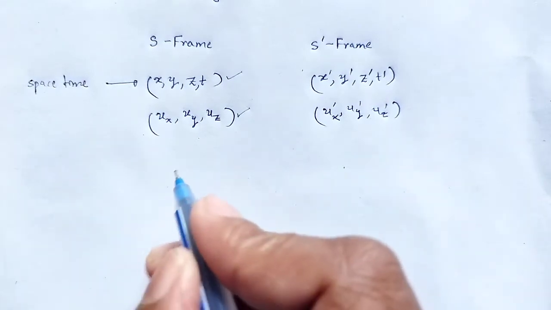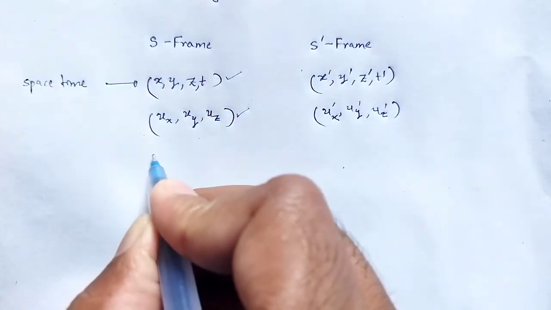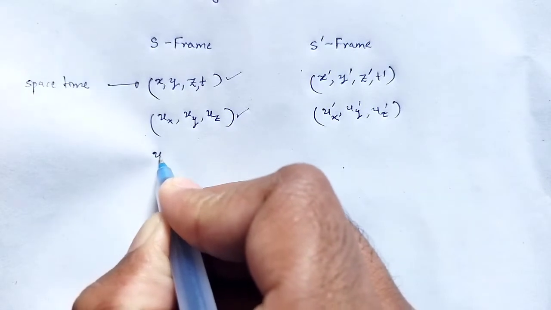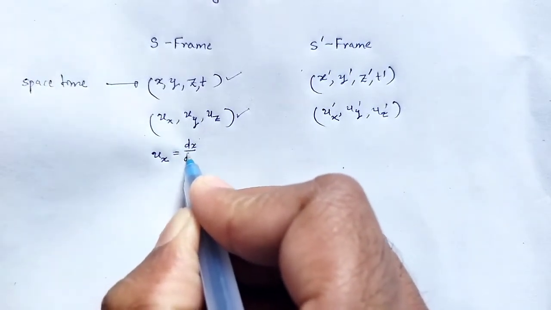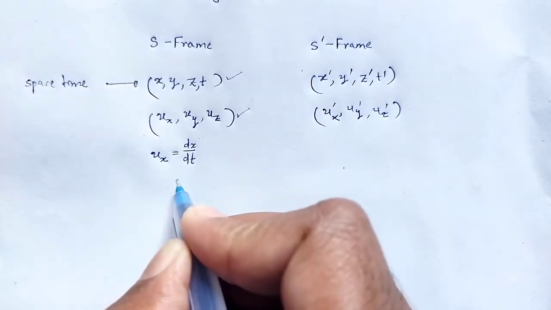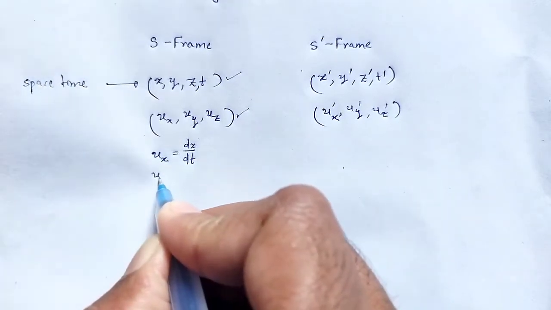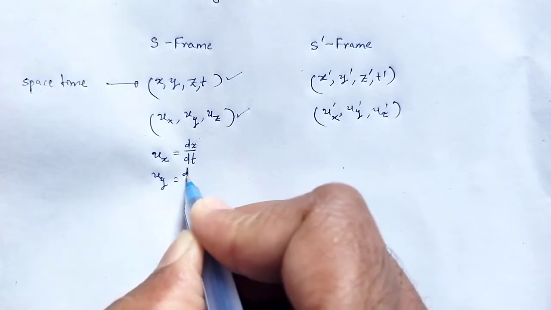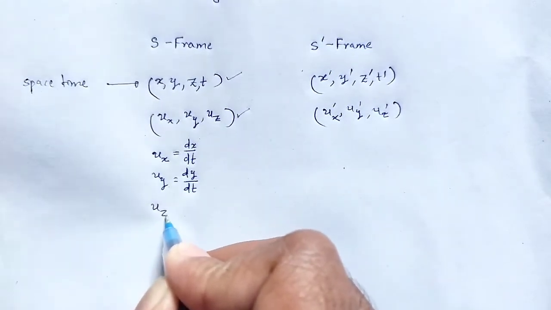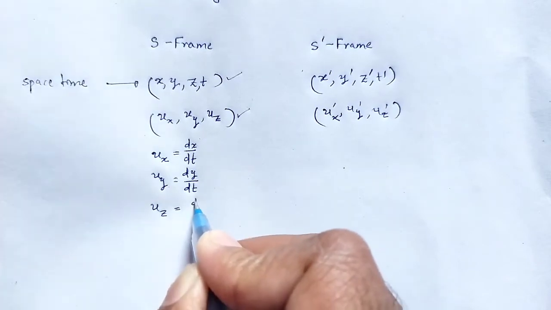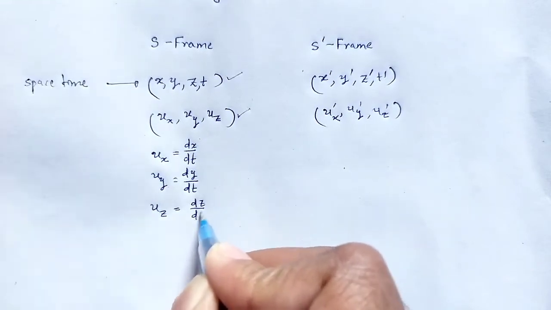Then we can write ux will be how much? dx by dt, and uy will be dy by dt, and uz will be dz by dt.